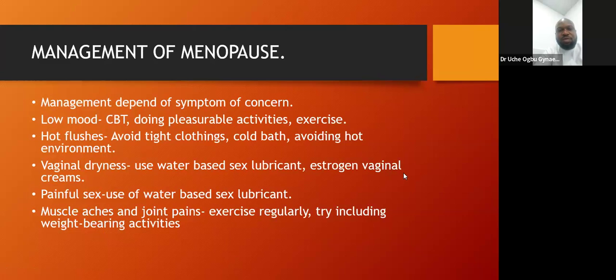So how do we manage menopause? Despite the advances in medicine, there is no cure, and no way we can completely reverse menopause. But science has advanced in a way that there are certain things we can do.